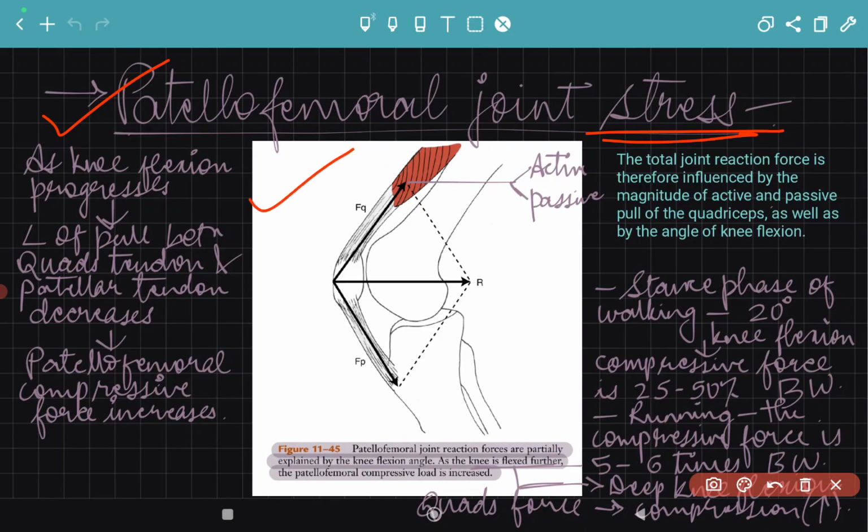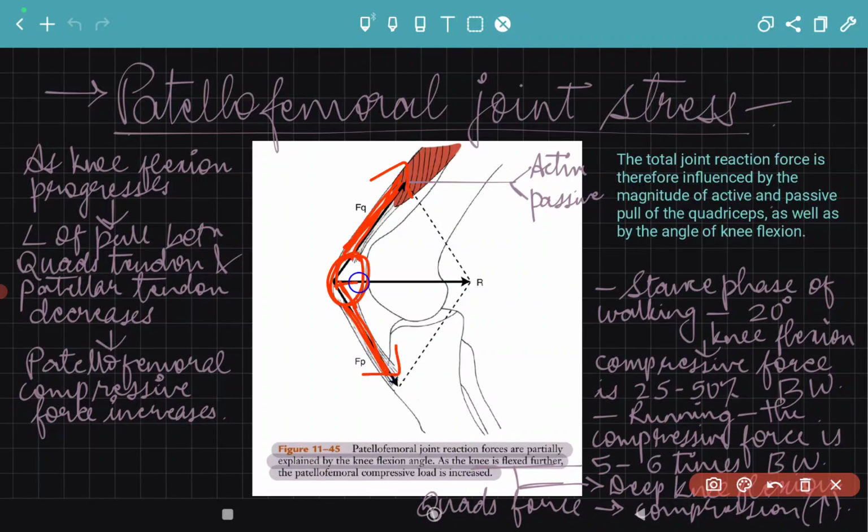As in this diagram, we can appreciate that in the center is the patella. Superiorly, there is the quadriceps tendon and quadriceps muscle. Inferiorly, there is the patellar tendon. On the patella, there is a pull by the quadriceps tendon upwards, and to resist this there is a downward pull by the patellar tendon.